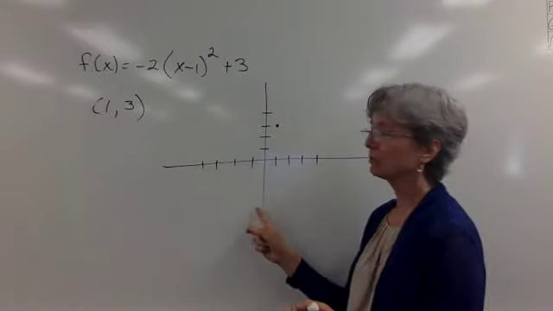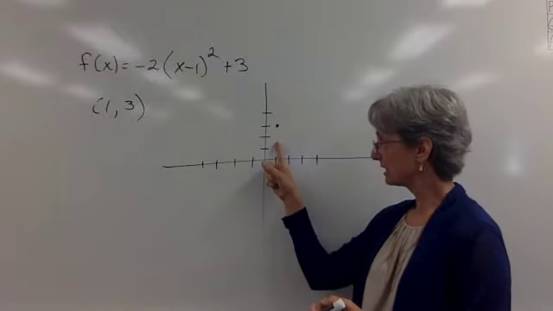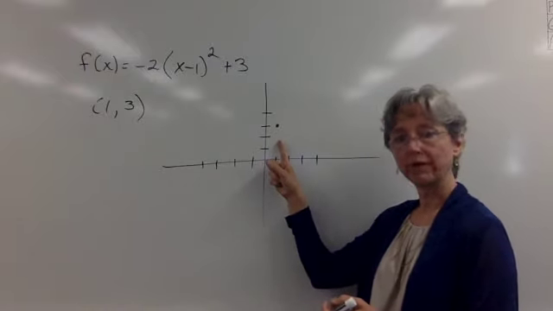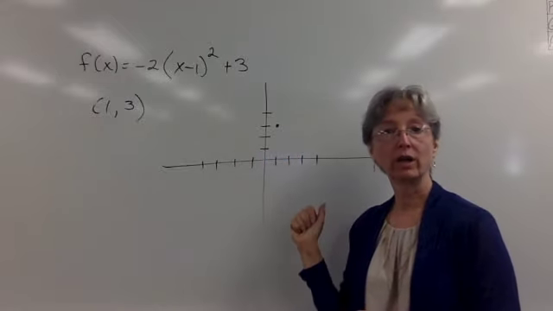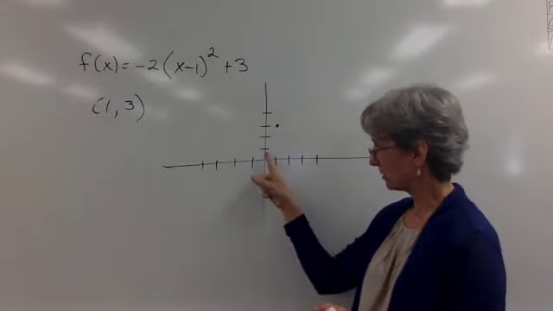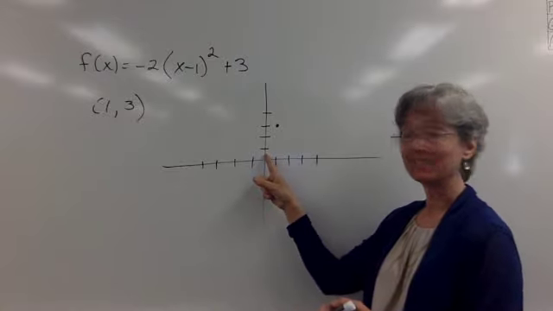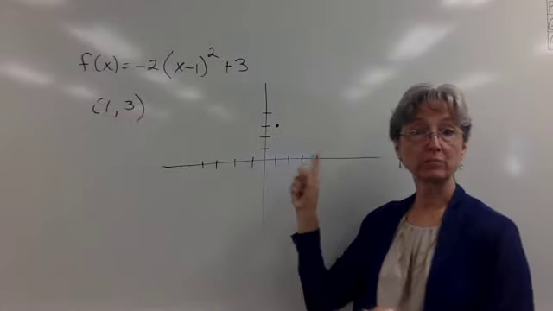So look for what would be easy to pick. Since my axis of symmetry is 1, look for one or two points on either side of 1 for your other point. And 0 looks like it would be pretty easy. So let's just pick 0.